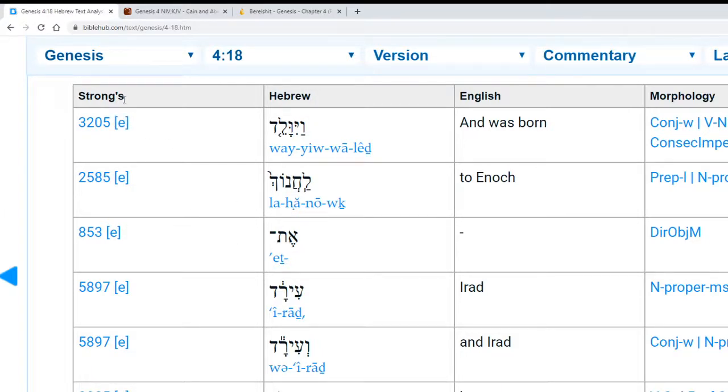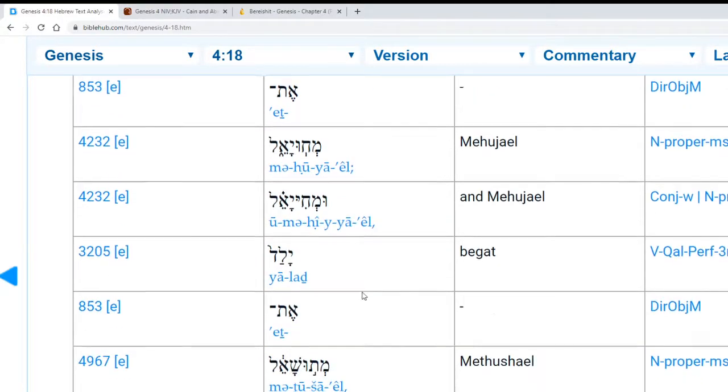So the concordance, the Strong's, is putting it in the same. So again, like I said, these two might be the same verb, or they may be similar verbs. Yivaled, right? Okay, vayivaled. So you see that vav kind of changes from the other ones.